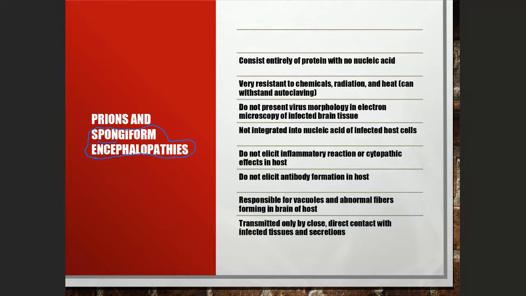Like for example, mad cow disease. The cow will have the prions in their brain. If people eat this animal brain, then that person might be infected by these prions, causing the TSE.